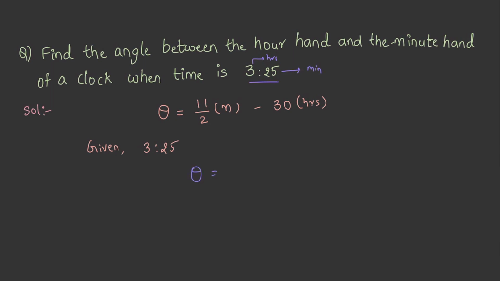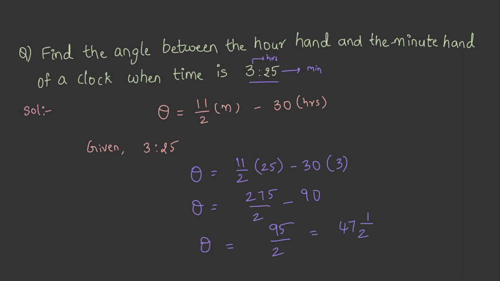Therefore, theta is equal to 11 by 2 into 25 minus 30 into 3 hours. Theta is equal to 275 by 2 minus 90. That implies theta is equal to 95 by 2, which gives rise to 47 1 by 2 degrees. Therefore, at 3:25 the angle is 47 1 by 2 degrees.